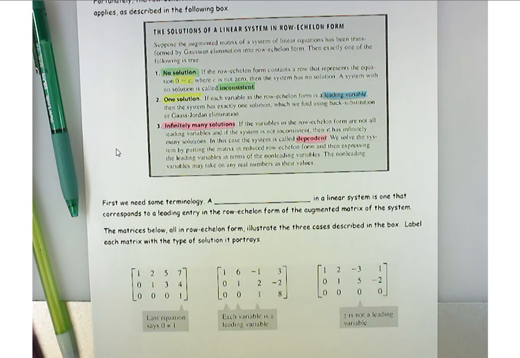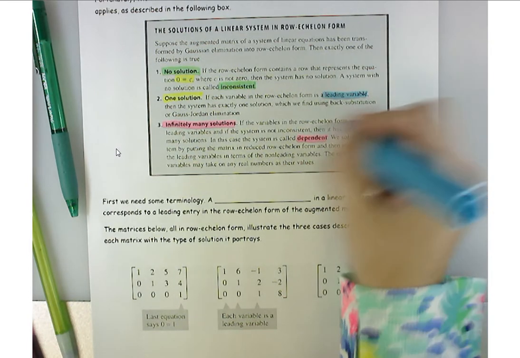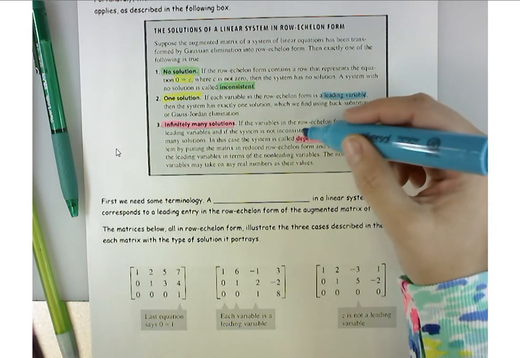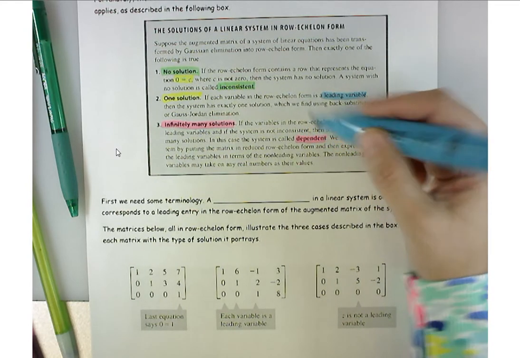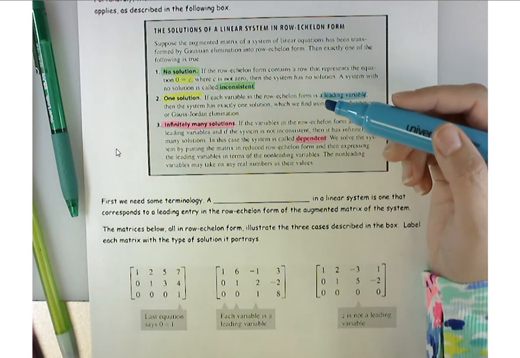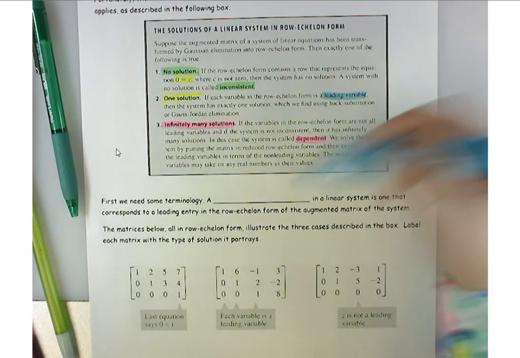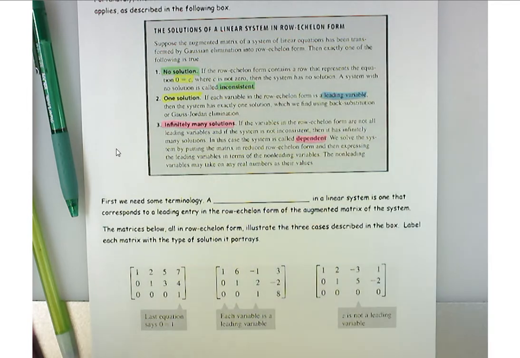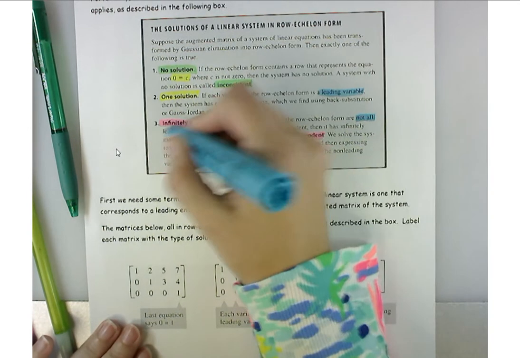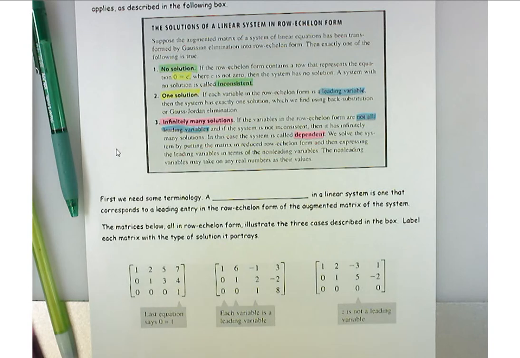Now, the way that they say it here is if you don't have all leading variables, and if it's not inconsistent, because it would not be 0 equals C, it would be 0 equals 0. That's kind of wordy, but basically you're not going to have leading variables. So you won't have a leading 1 in your system.